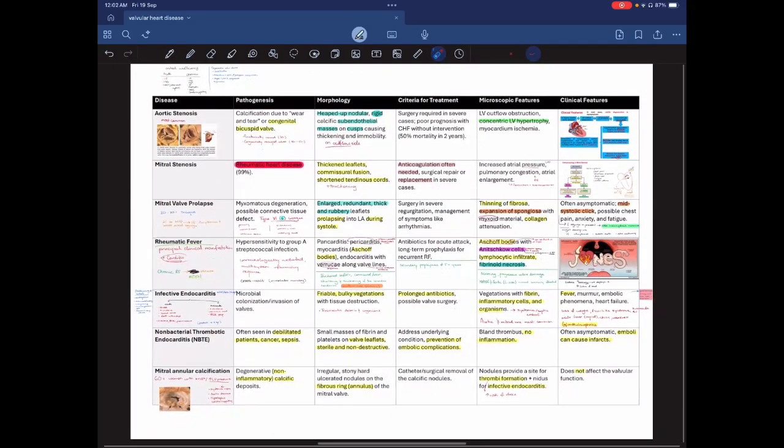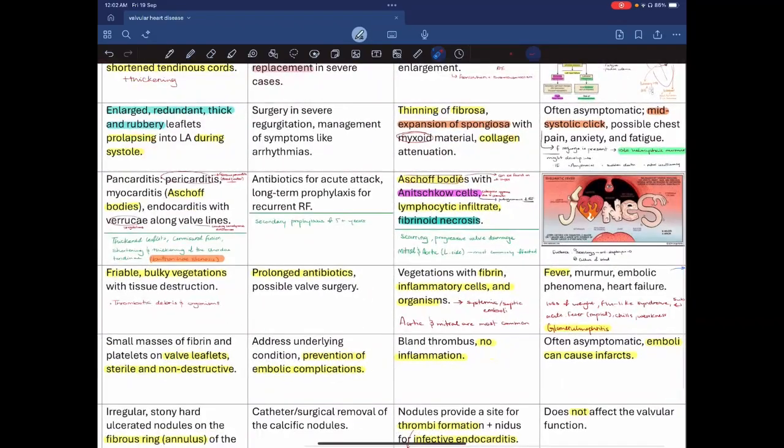Now, why do we emphasize the vegetations here? The microorganisms use the vegetation as a place to hide from the antibiotic. That's why it is so important to imagine how these protect the bacteria. But these vegetations will cause coagulation on them. That's why people with infective endocarditis might have something called septic emboli.